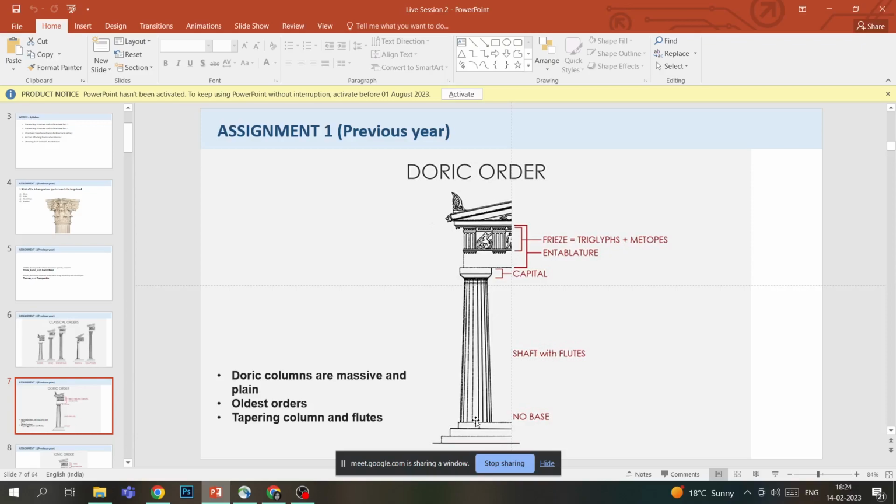The columns also have flutes, so the section is not circular but rather shaped like a flower. I should have added a section of it, but I hope you can understand that it looks like a flower if you cut the section of this column. It will not look like a cylinder or a circle.